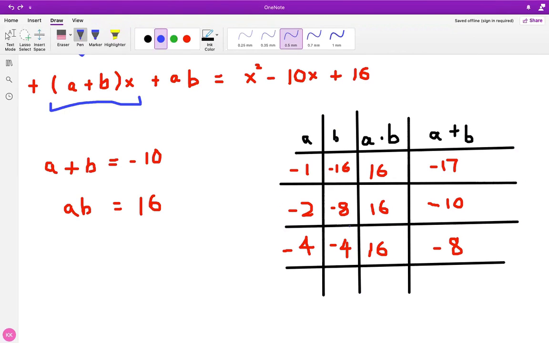I'm looking for the middle combination in this column. If I take -2 and -8, we multiply them together and get 16, and if I add them together, I get -10. So the a value equals -2 and the b value equals -8 for this solution.